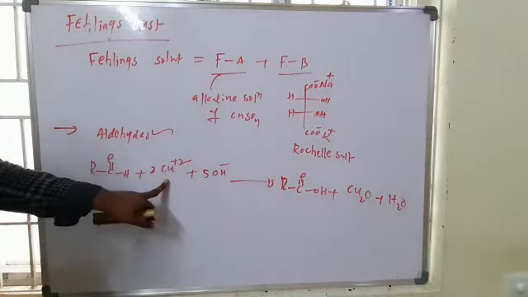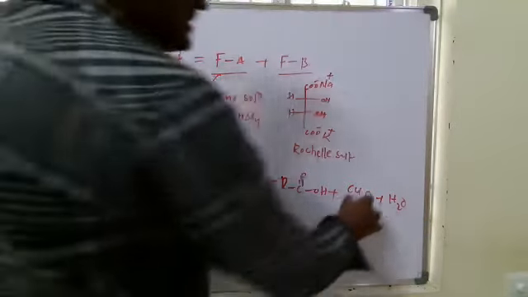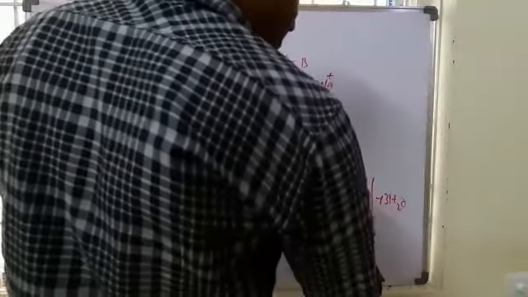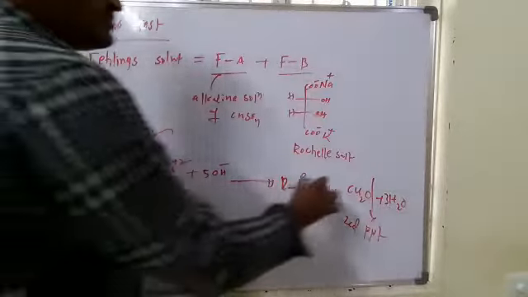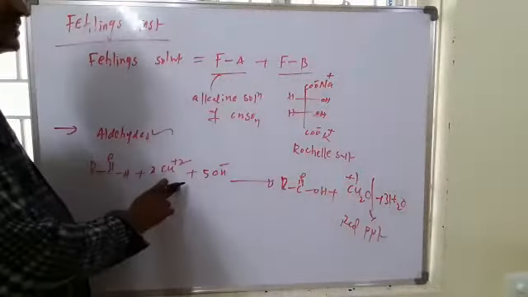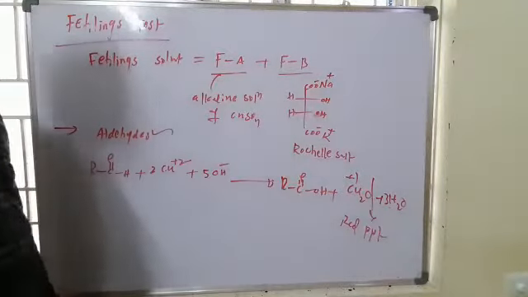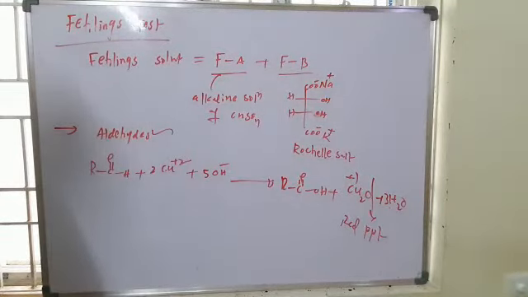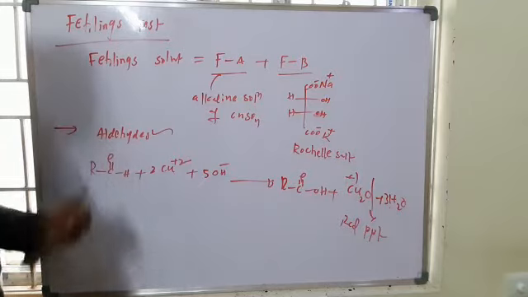So in this reaction, if you see, this is a red precipitate. Copper +2 goes to copper +1, the cuprous salt gives cuprous oxide. So by the formation of the red precipitate, we can identify that the compound added is an aldehyde.